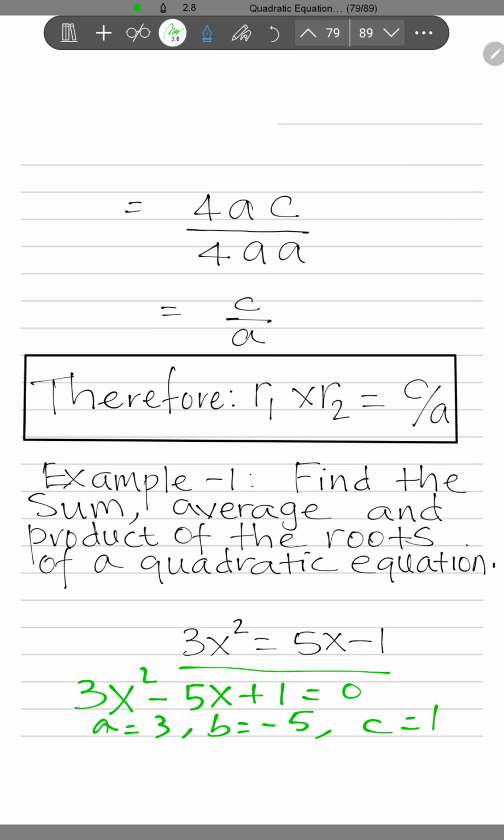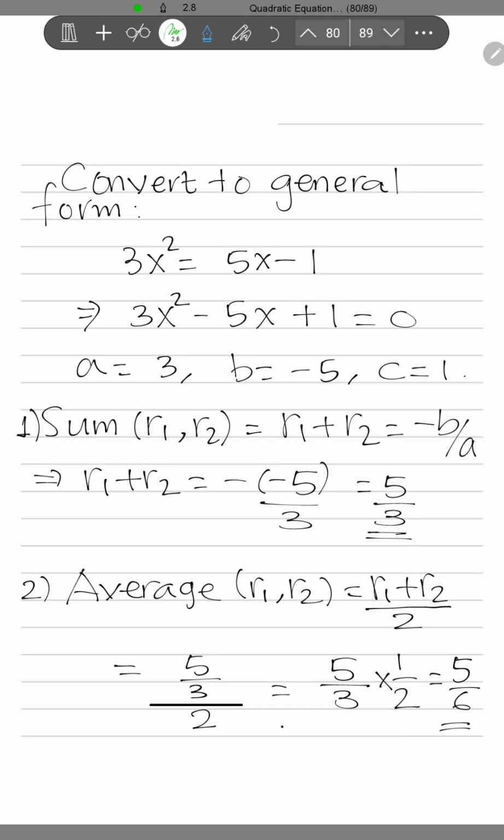The sum of the roots of this quadratic equation is minus b over a, which is 5 over 3. Sum is 5 over 3. The product is c over a, which is 1 over 3. The average is the sum divided by 2.